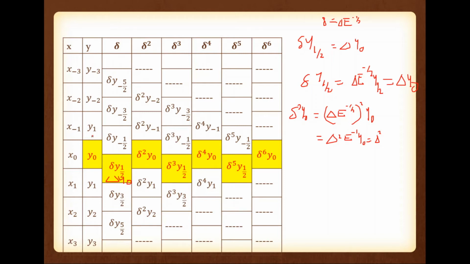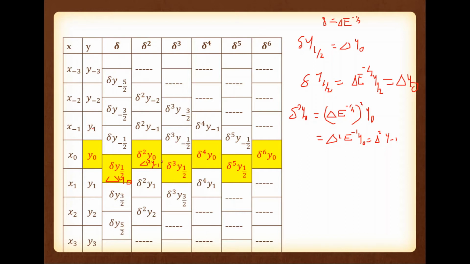This is y minus 1. So delta square y minus 1. Means this term is delta square y minus 1. Okay. So if this term is delta square y minus 1, this is delta square y0, delta square y1. What about this one? Delta square y minus 2, delta square y minus 3.